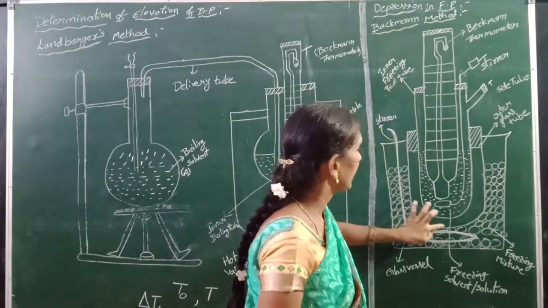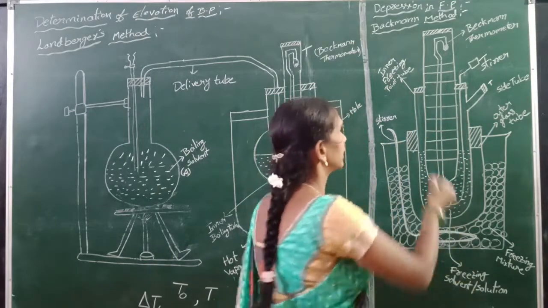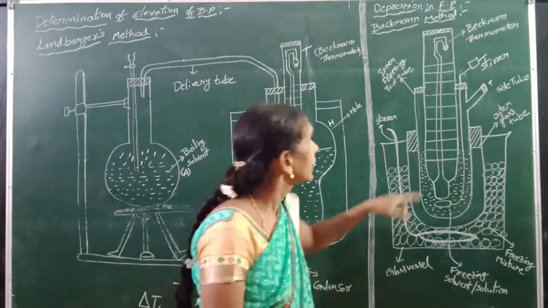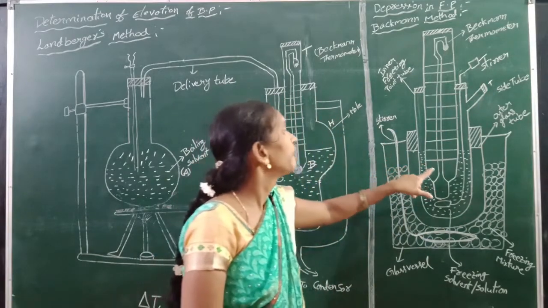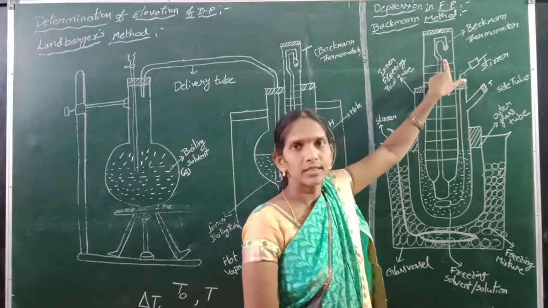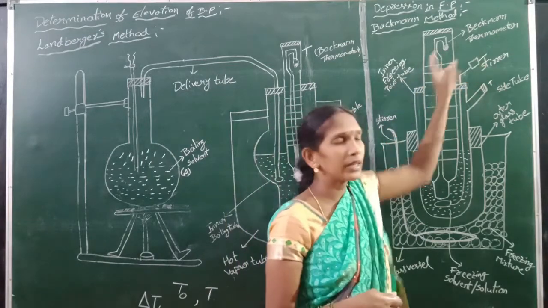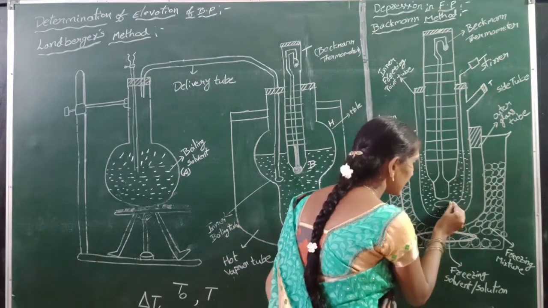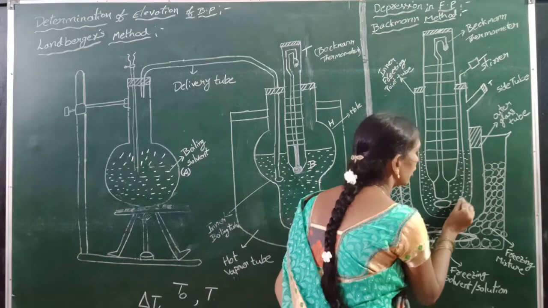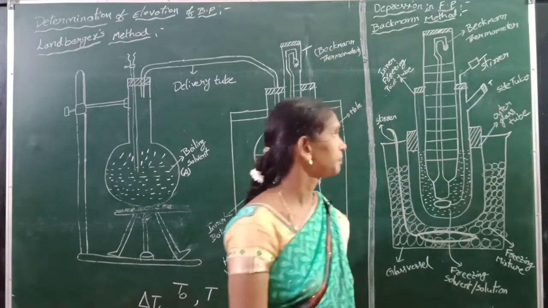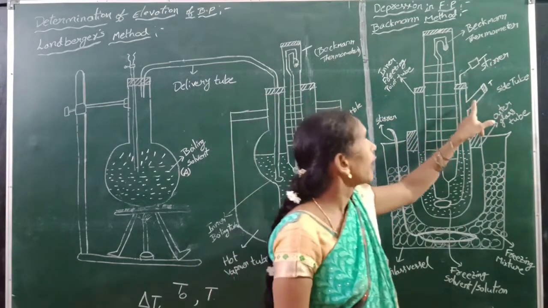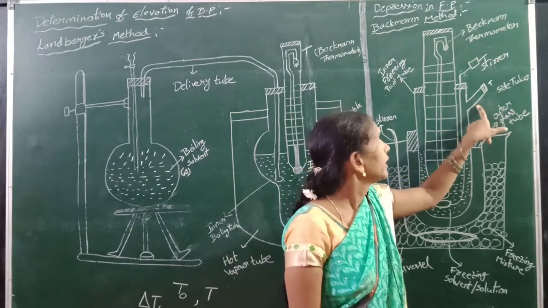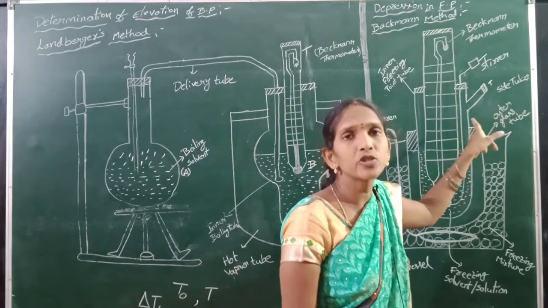This inner freezing point tube is fitted with a Beckmann thermometer, and it has a stirrer, a platinum stirrer. Next, it has a side tube, which is used for introducing the solute.